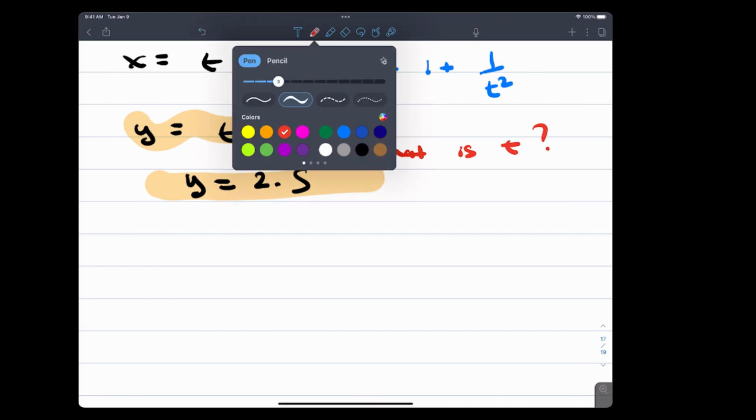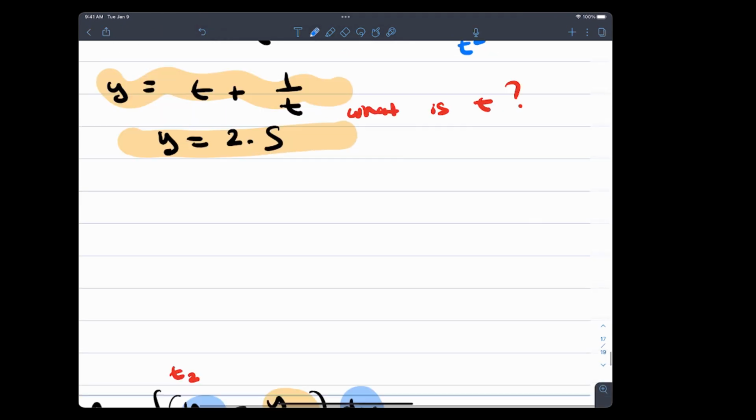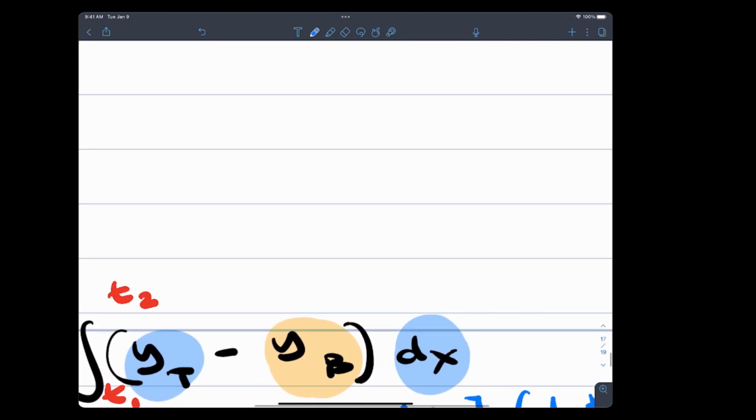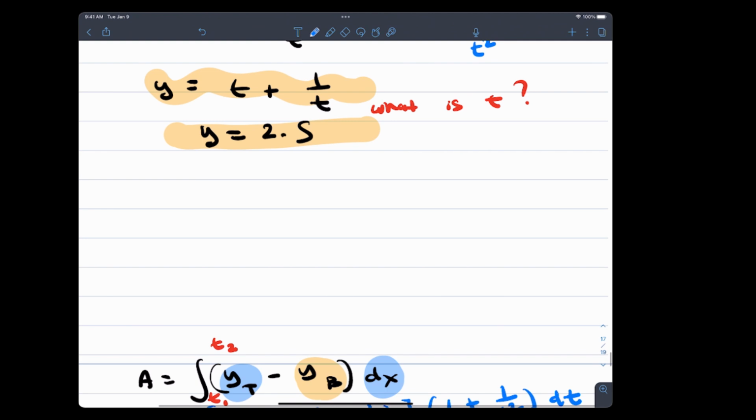Here's what t is. Since these share the same y value, you set y equal to y. They're the same. So now t plus 1 over t had better be, it's really, 5 halves. Is that 2.5? Is that 5 halves? And then you get to solve for t.